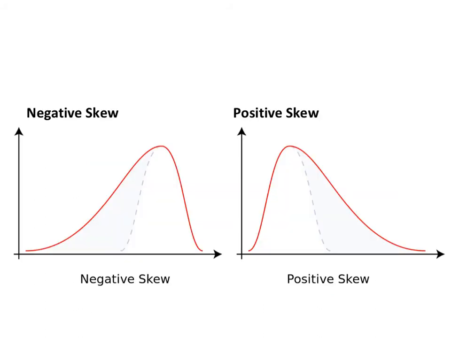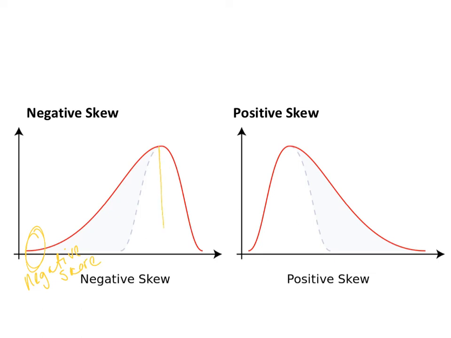Well, what happens if we don't have a perfect bell curve? Then you're either going to have what's known as a negative skew or a positive skew. Negative skew means that you have an outlier negative score that skews your graph.